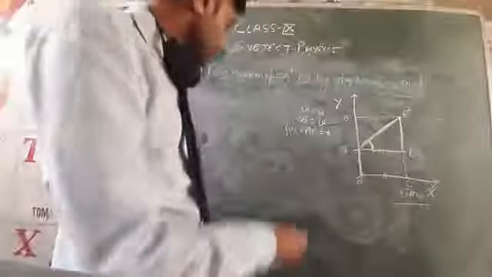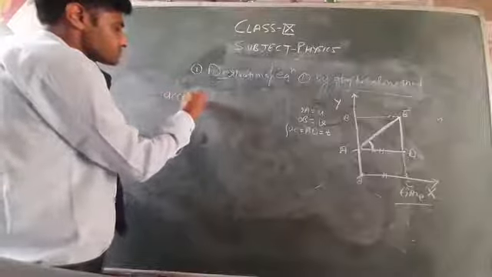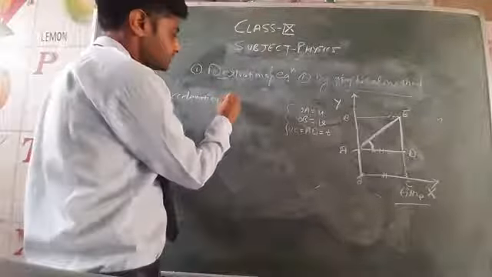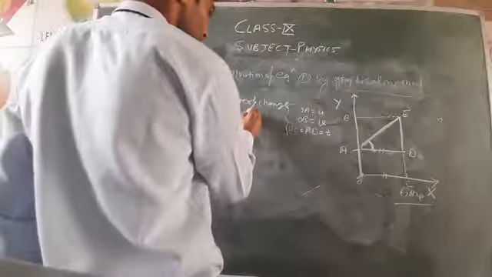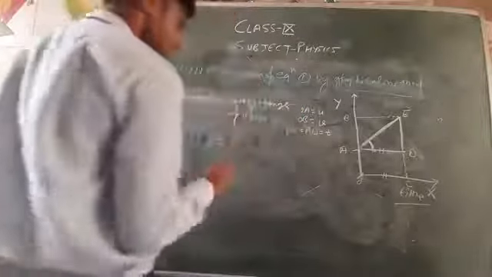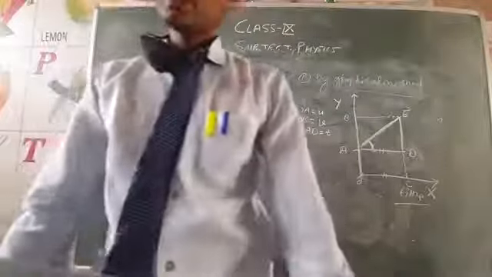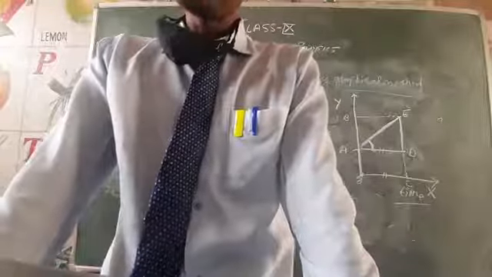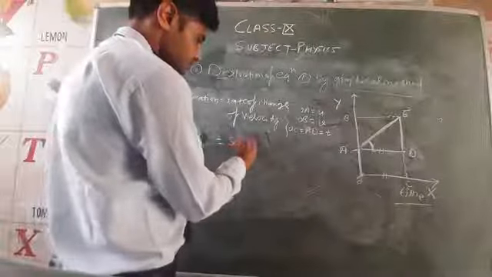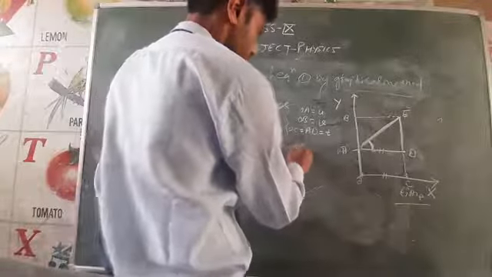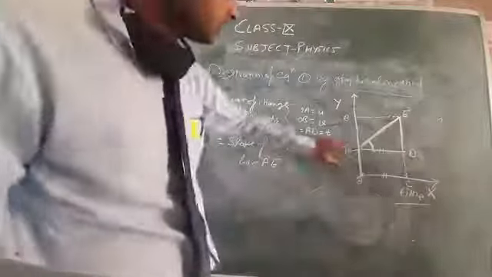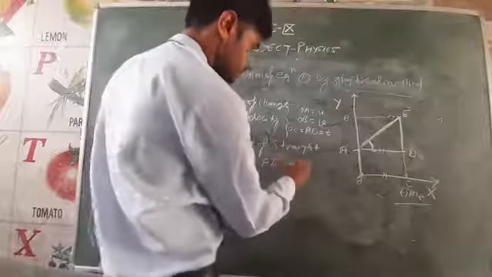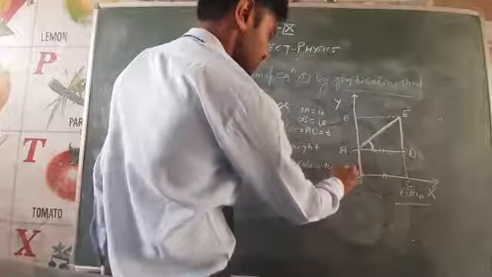Okay, so acceleration equals rate of change of velocity, and this is also equal to the slope of the straight line AE in the velocity time graph.